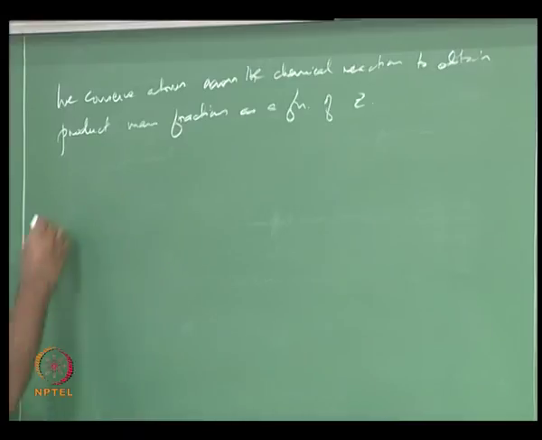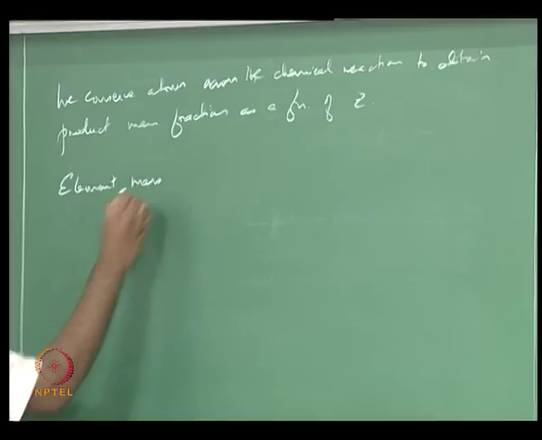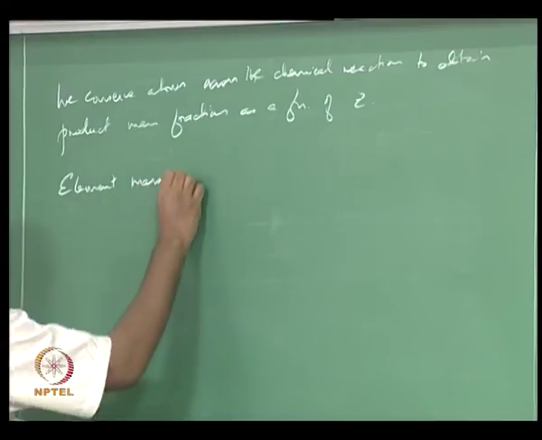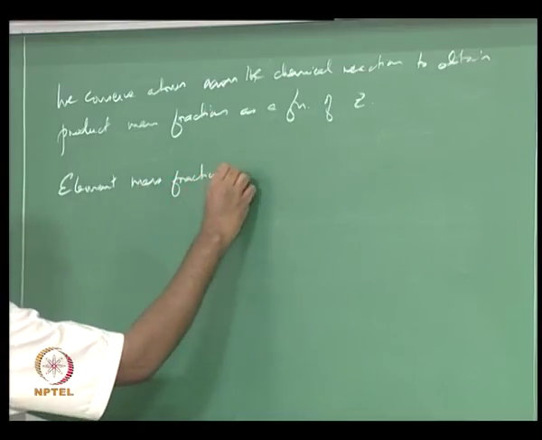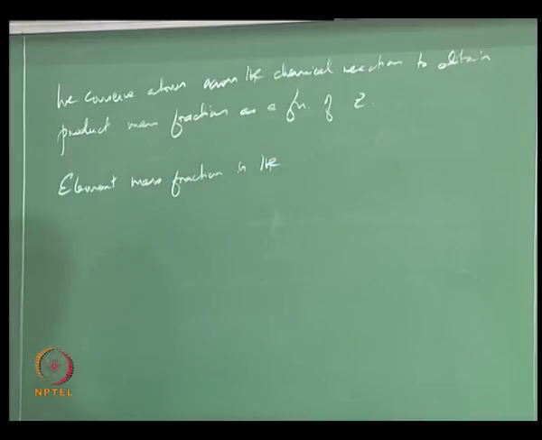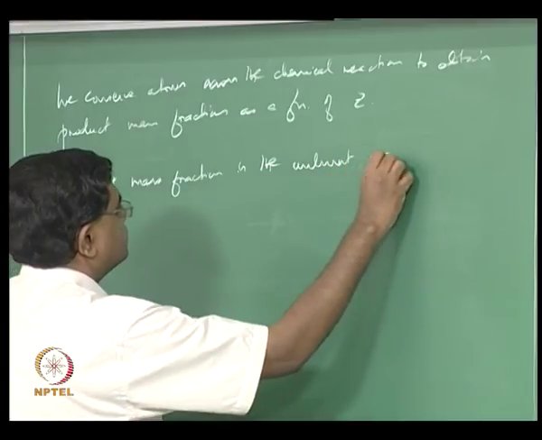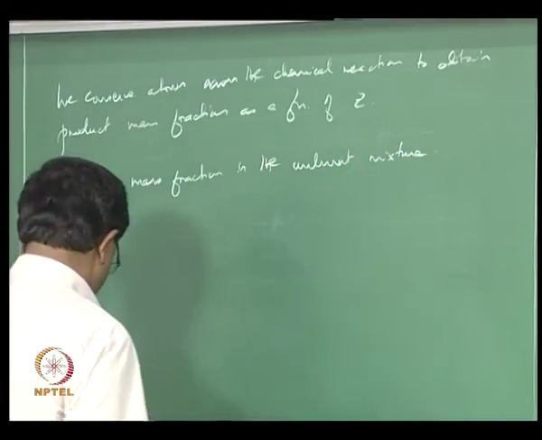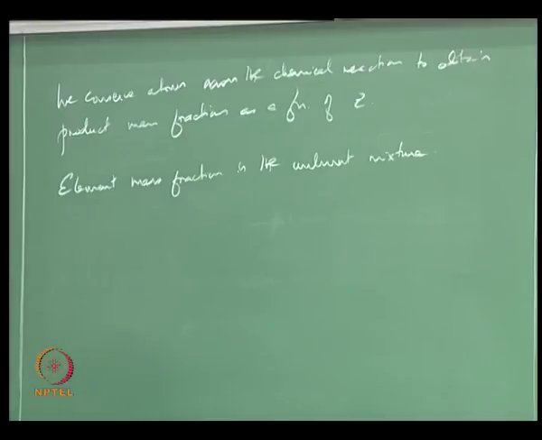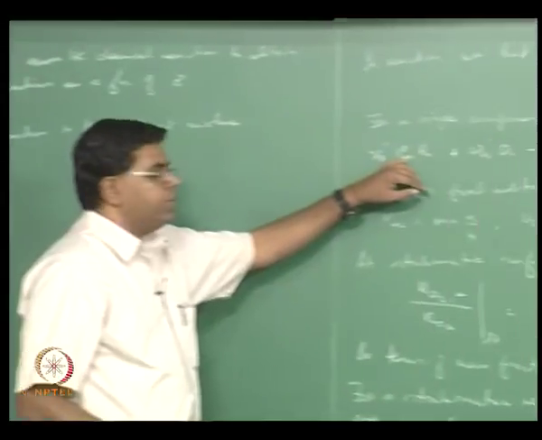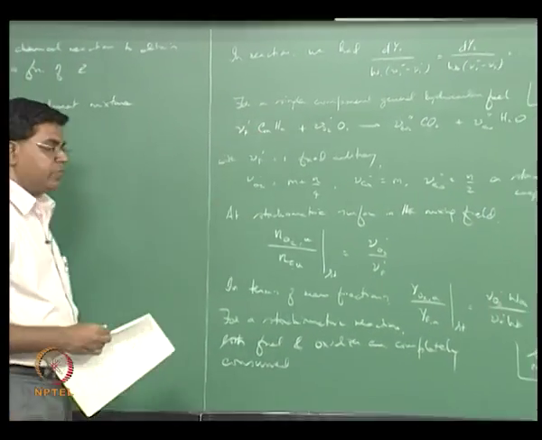So element mass fractions, so you look at what happens in the unburned mixture, element mass fraction in the unburned mixture. So look at the fraction of carbon atoms. So you had m carbon atoms in the hydrocarbon, right.